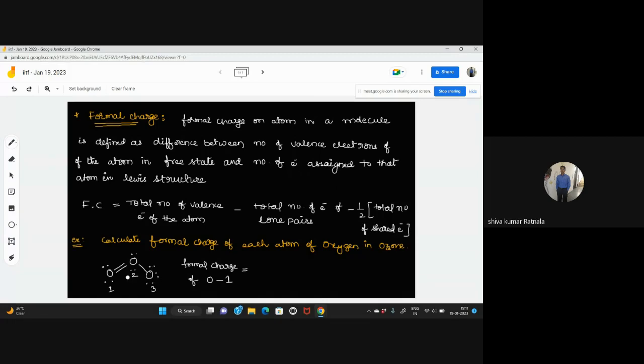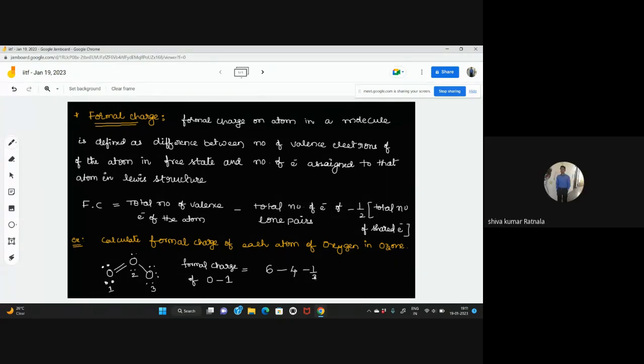Number of valence electrons of oxygen, how much will it be? 6, right? Yes. Minus the number of electrons in lone pairs. Oxygen valence is 6 minus how many lone pairs of electrons are there? These are lone pairs, right? Four. Minus 4, yes, sir. Because two pairs make 4.